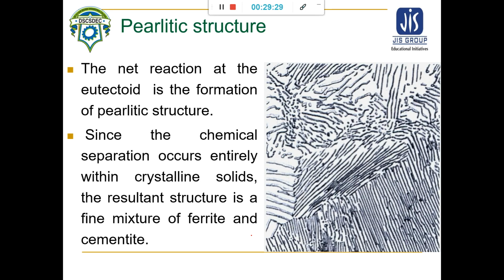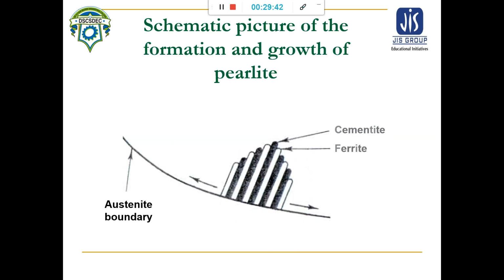Since the chemical separation occurs entirely within crystalline solid, the result is a fine mixture of cementite and ferrite called pearlite. So this is the cementite and ferrite structure in the pearlite.